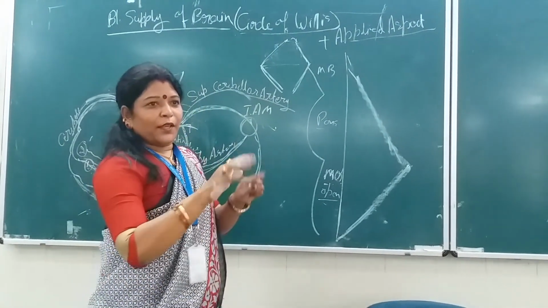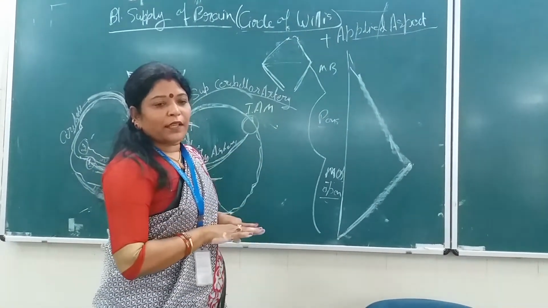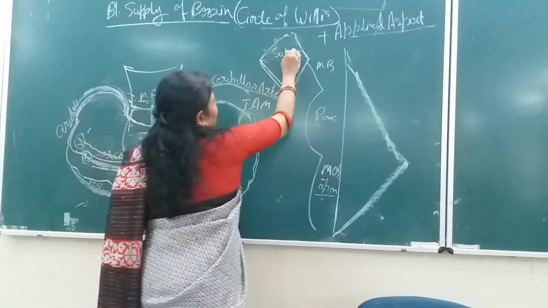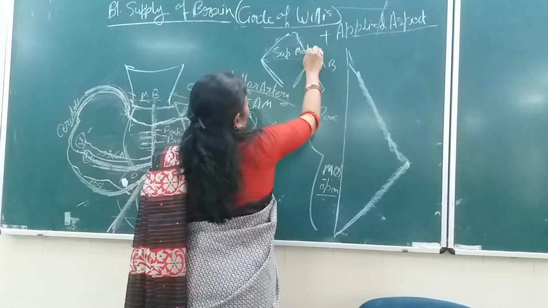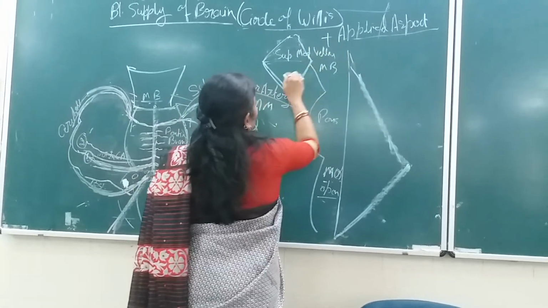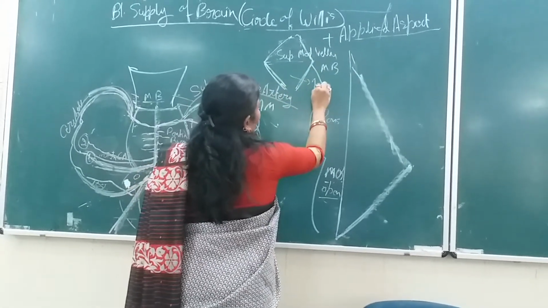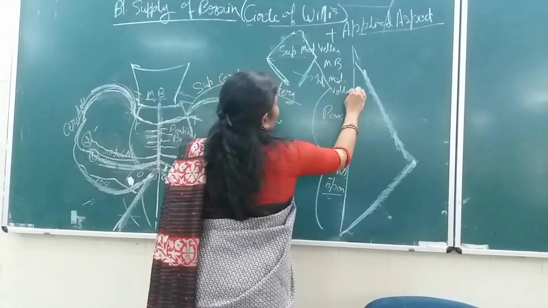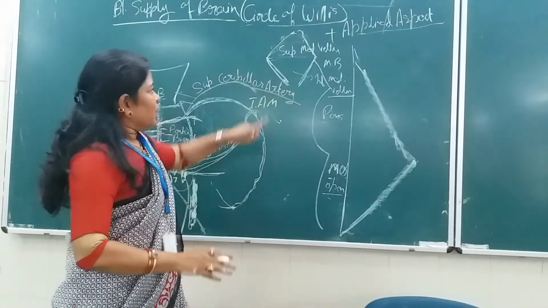So the roof, in between the two limbs, has a curtain-like structure known as the superior medullary velum. What is it known as? Superior medullary velum. And here it is the inferior medullary velum. Velum means curtain-like structure.